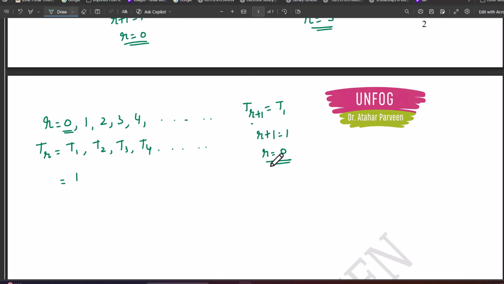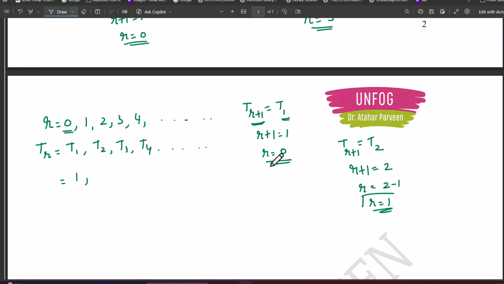So if you have r + 1, you have to treat it as the term number there. Then what will be the next term? The next term will be T2, so r + 1 is equal to 2, so r will be equal to 2 minus 1. So r is equal to 1, right?